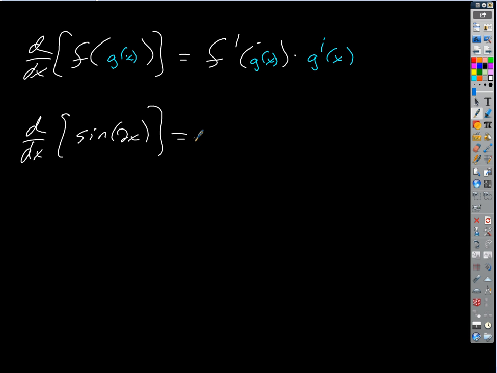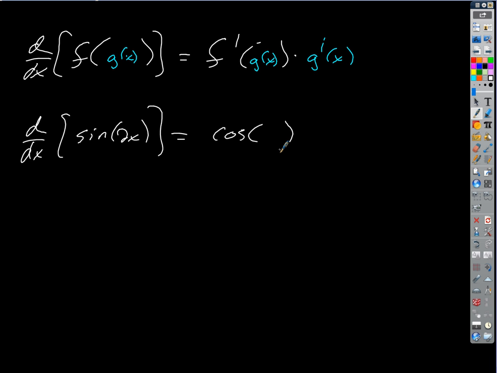Derivatives are like onions or ogres. They have layers. So we have to differentiate from the outside in, peeling the layers one at a time. At the outer level, the outside function is sine. What's the derivative of sine of hand? Cosine of hand. So the first layer is cosine of hand.